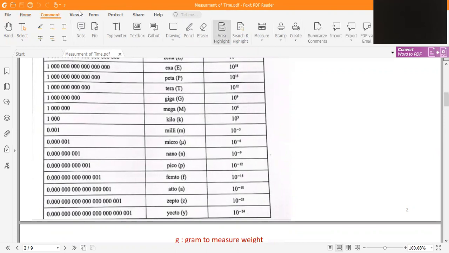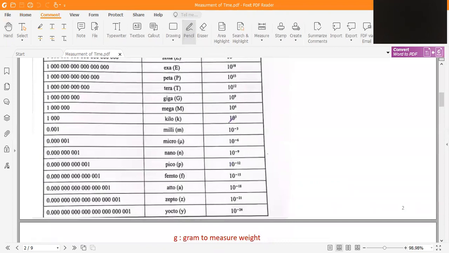When we compare kilo to the unit, it is equal to 1,000, or it is equivalent to 10 power 3.